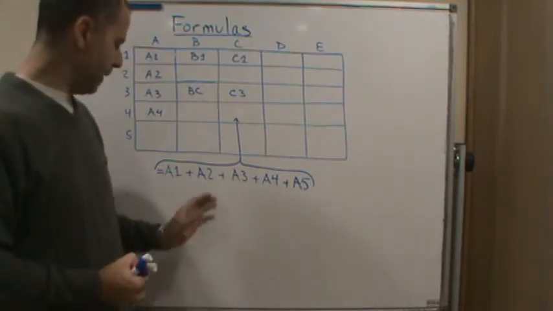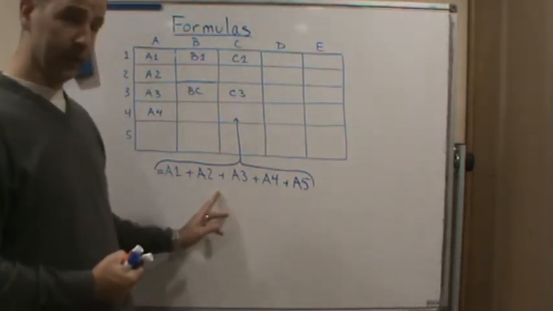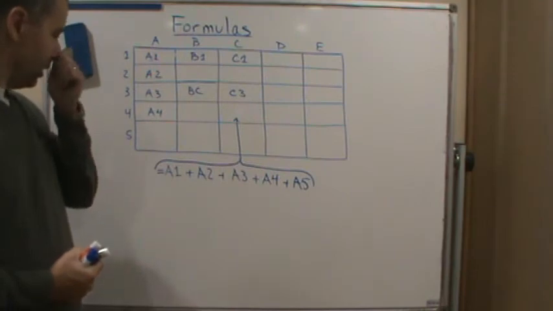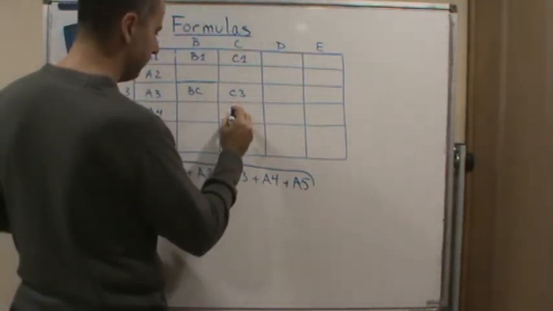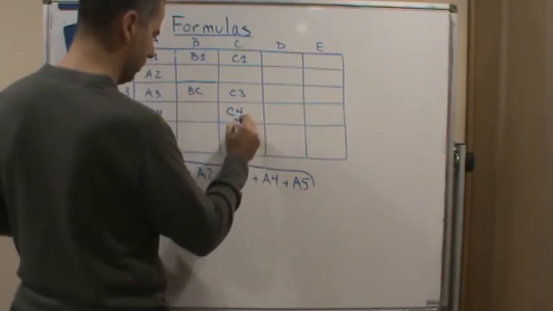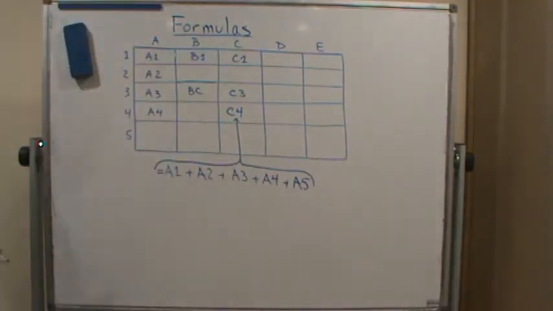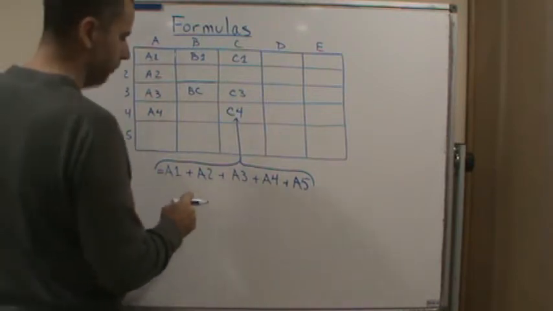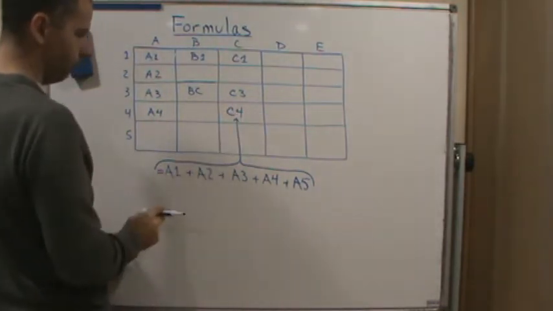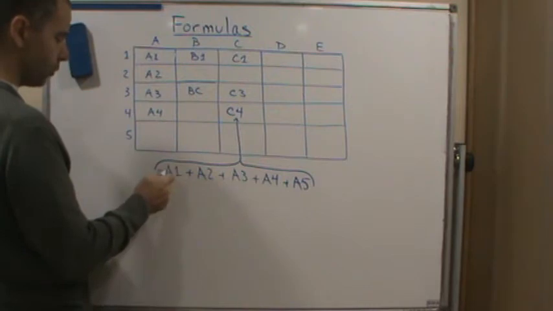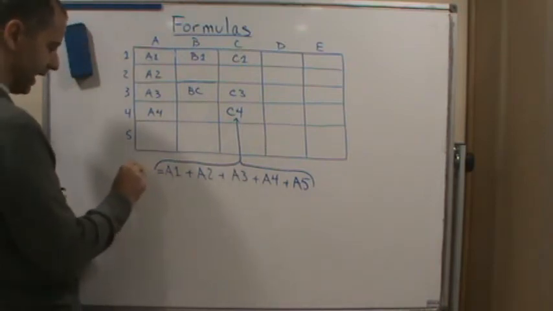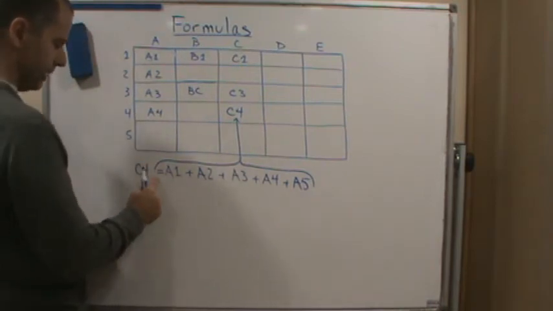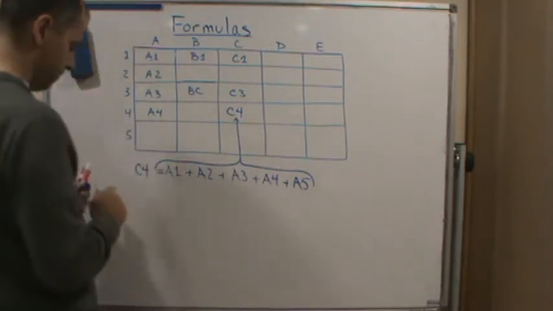So what I'm doing is actually typing in a formula. This is cell C4. By putting the equals inside here, I'm saying C4 is equal to this.